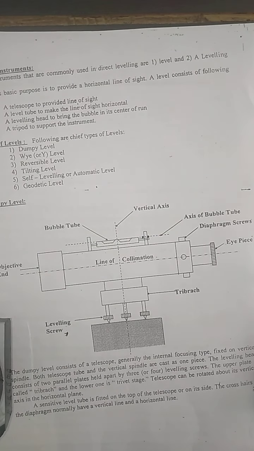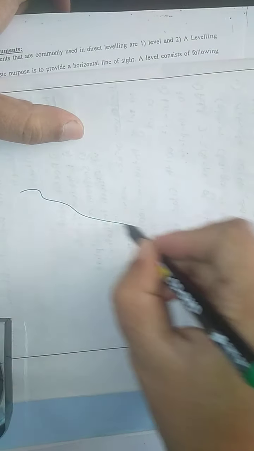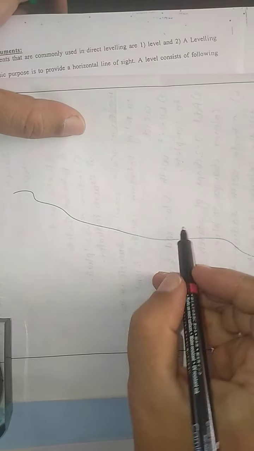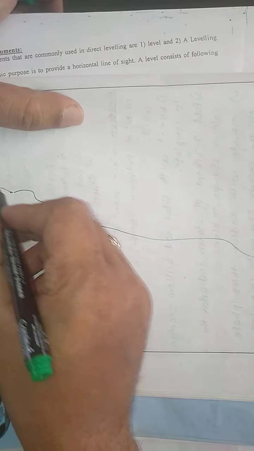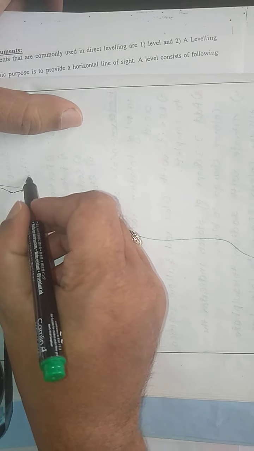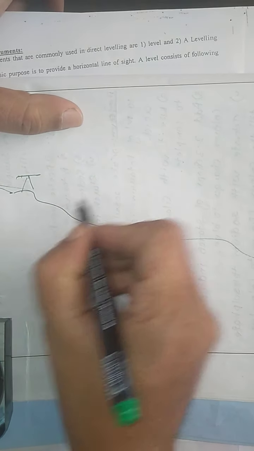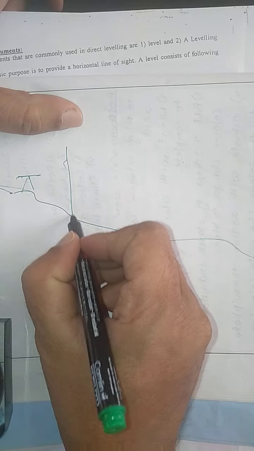Now suppose we want to carry out the leveling work. We consider this as the ground surface. We will have one telescope and one staff.